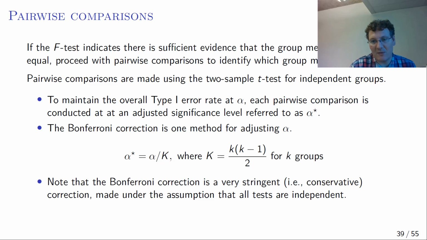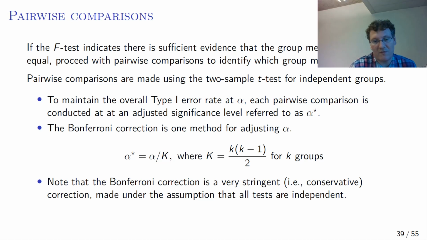If you have an alpha at 0.05 and you're doing 20 different pairwise tests, and if in fact all of the population means are the same, you would expect on average to get about one rejection, even though all of the means are the same.